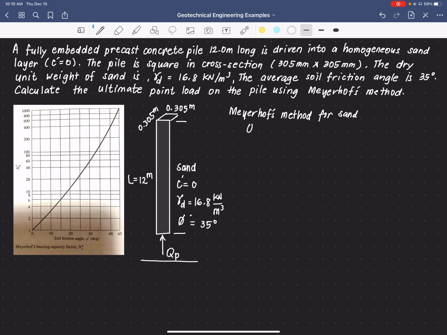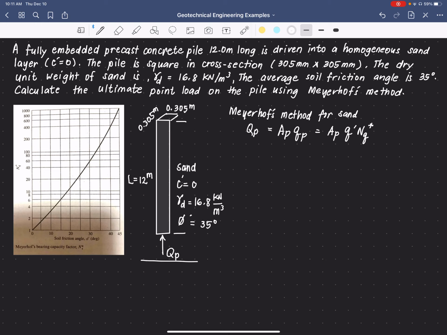The Meyerhof method for sand can be found in the book, having a formula equal to the area of the pile tip multiplied by the bearing capacity, or it can also be equal to A sub P, Q prime, which is the overburden pressure, multiplied by N sub Q. This formula is derived from the general bearing capacity equation, but considering zero cohesion, since this is for sand.